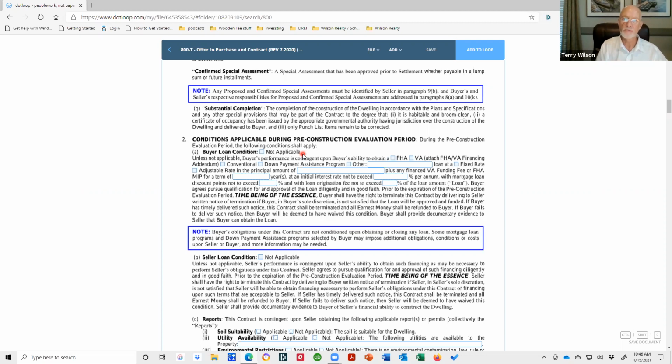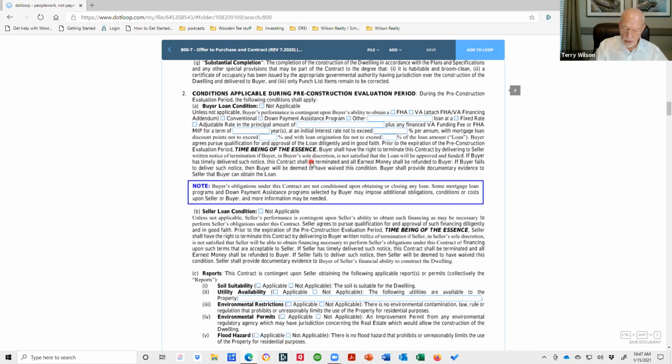That's when you're using this form. But once the house is built, the buyer is then going to pay for the house. They're either going to pay for it with cash or with a loan. If they're getting a loan, then they need to make sure they get that loan in place, ready to go during the pre-construction evaluation period, which is again like your due diligence period. And so nothing really changes there.